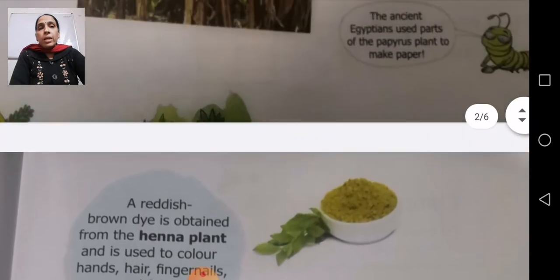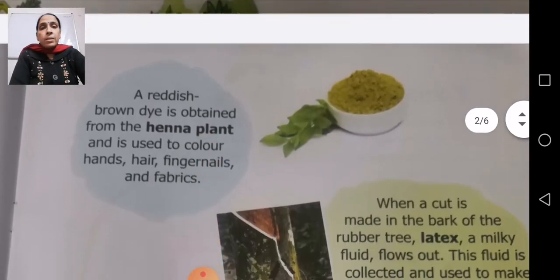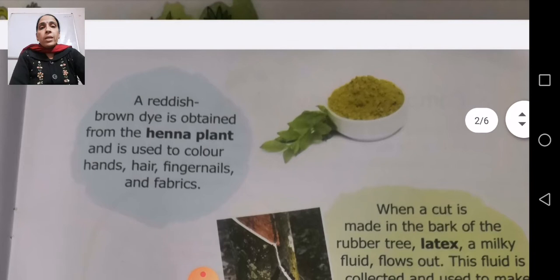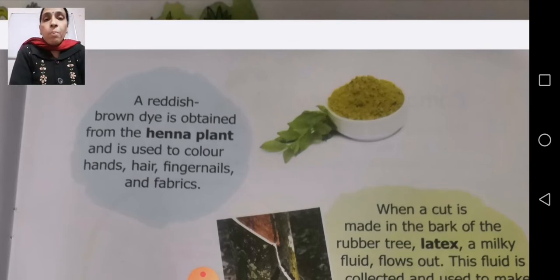So we'll come to the next plant, that is the henna plant. Now a reddish brown dye is obtained from the henna plant.